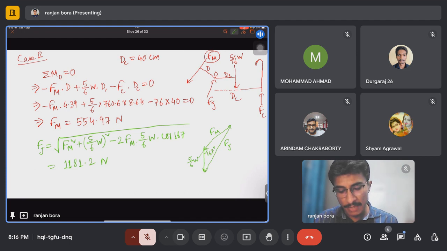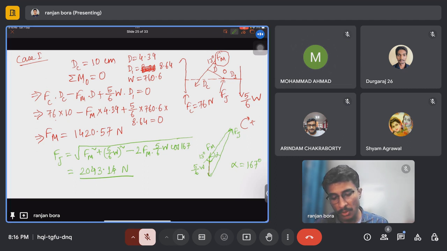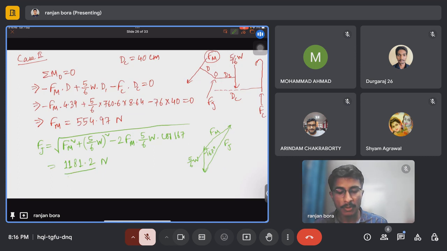So in which case will the reaction force be less? See, in case 1 we got this 2043 reaction force, but in case 2 we got almost half of the reaction force than the previous case.